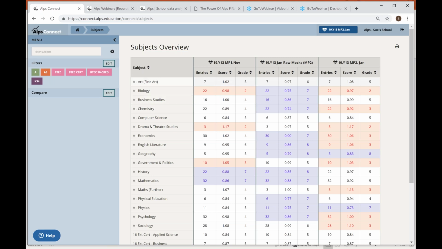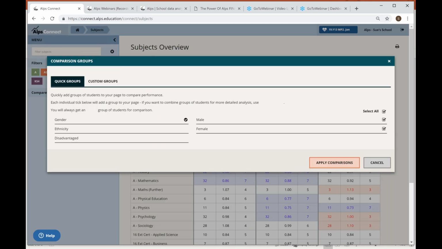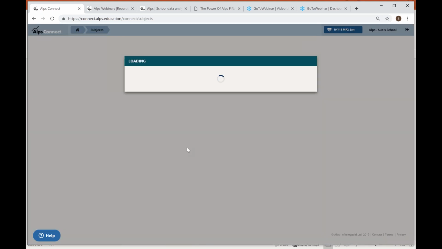So that's my overview. If I want my overview to have any comparisons on it, so I might be interested in the gender split in my school, I'm going to add a quick group comparison, male, female, to that.